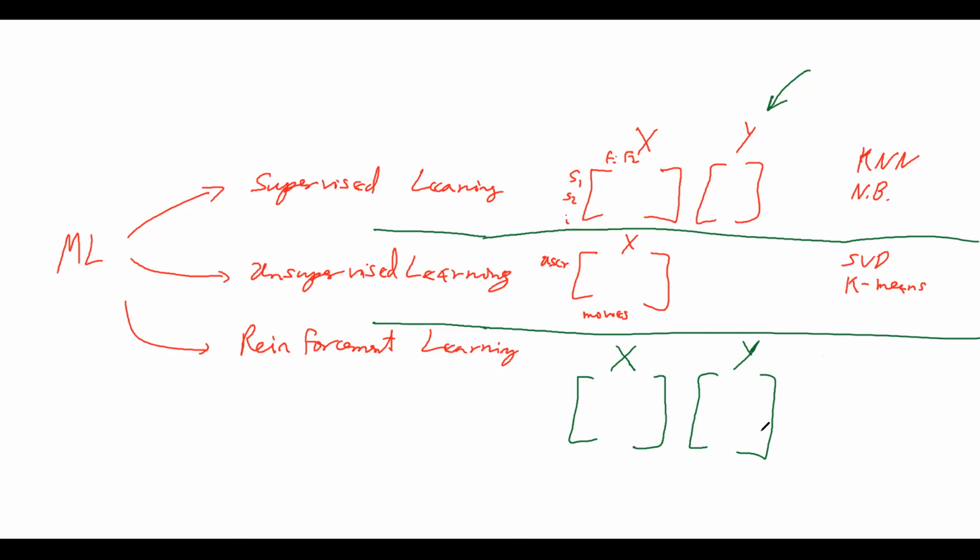So the question is, how does it learn, right? How do you learn something? In supervised learning, you look at the samples, you look at X, you look at the features, and you correlate to the labels, right?